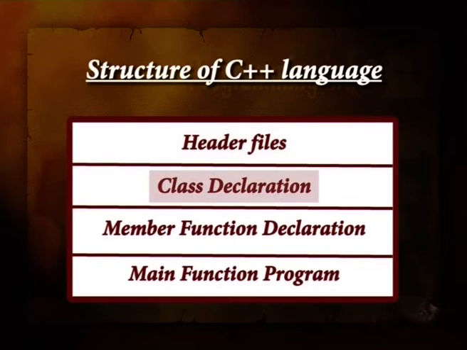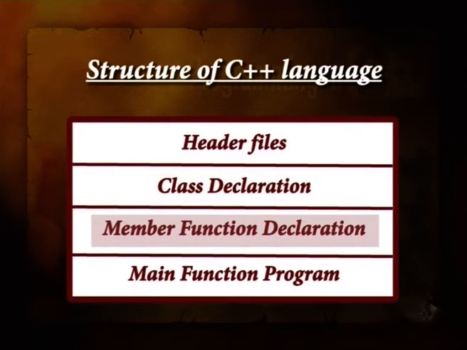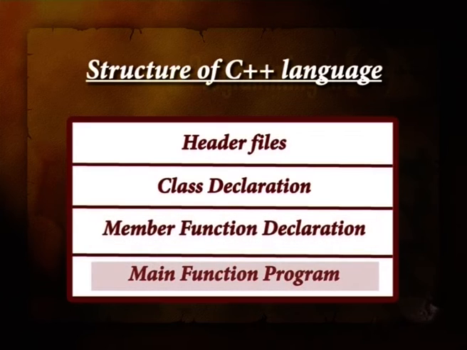Then various types of classes are declared. Member functions can be declared within the classes. Then only we can write the body of the program, that is the main function program. We can write a C++ program with or without classes.